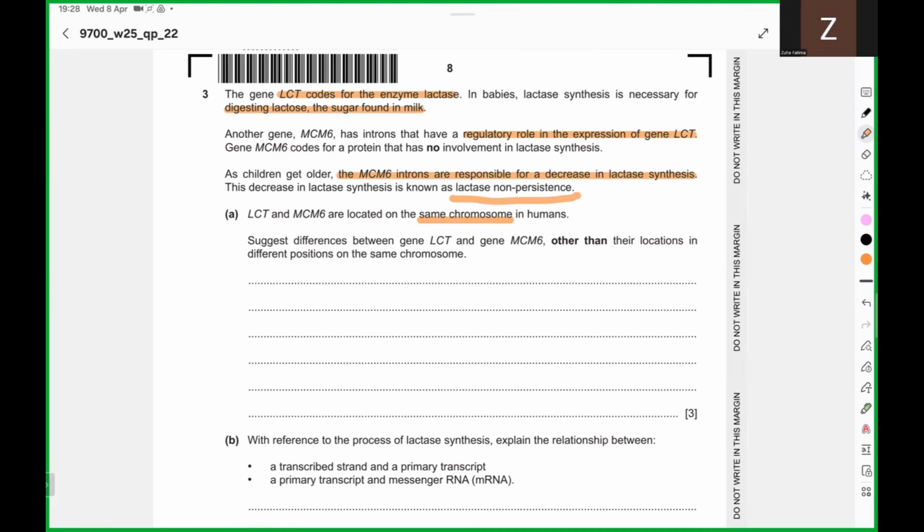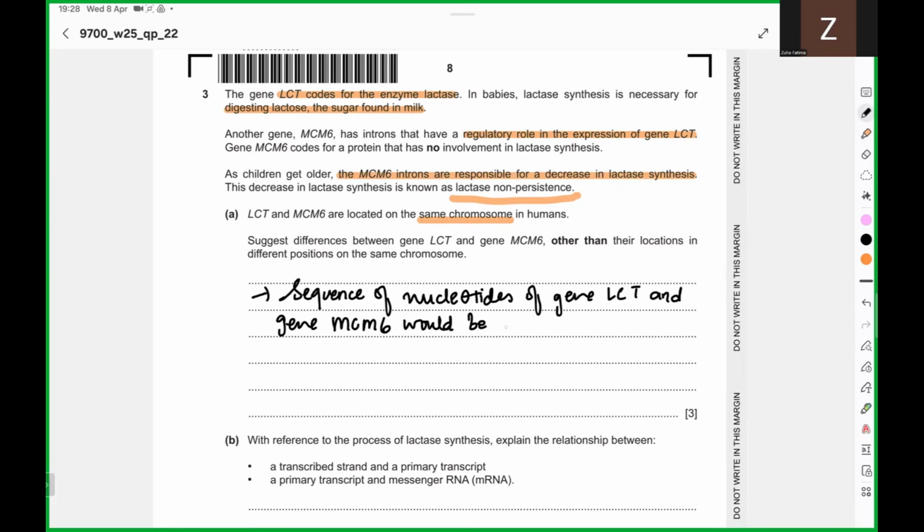Obviously, if there are two different genes, the sequence of nucleotides would be different. Because if the sequence of nucleotides had been the same, they would have been the same gene, not different. So the sequence of nucleotides of gene LCT and gene MCM6 would be different.